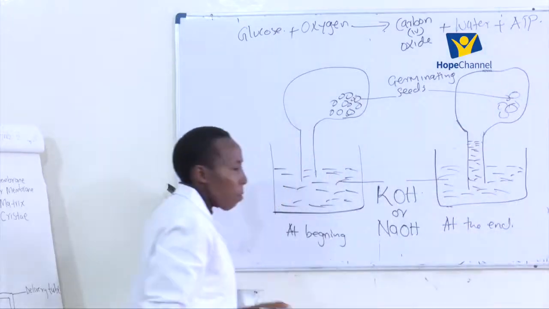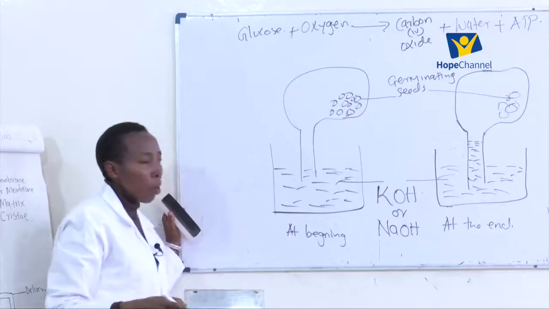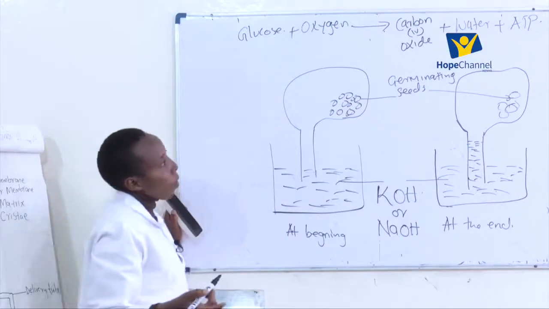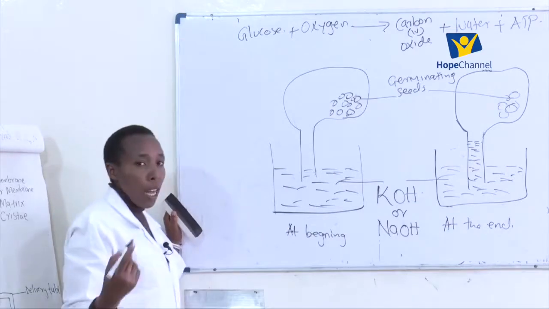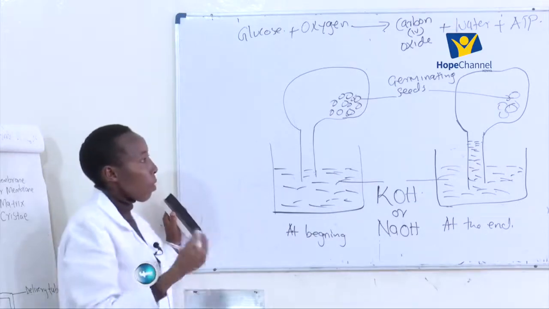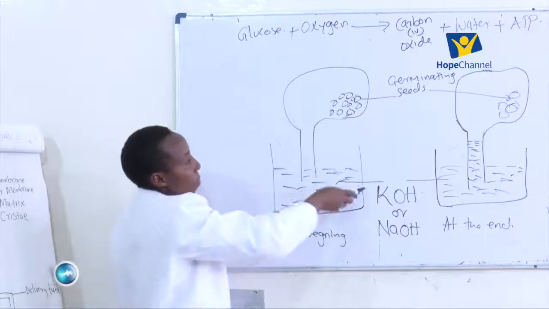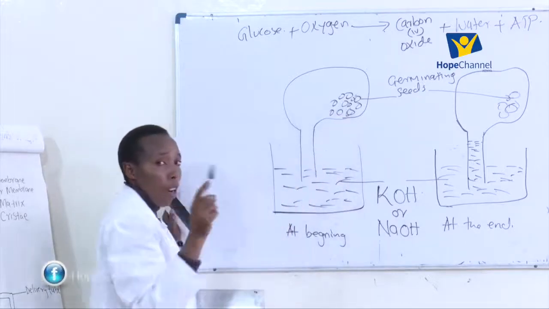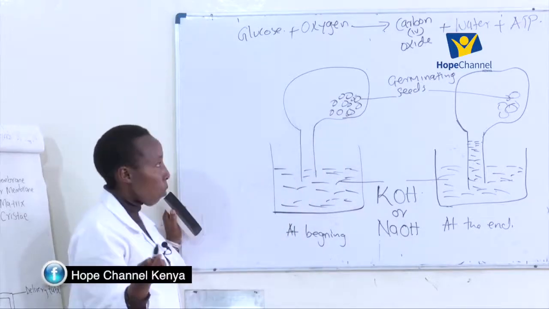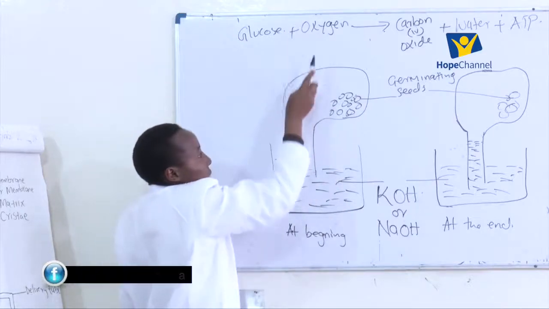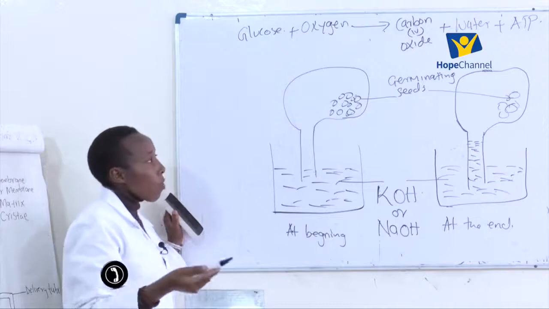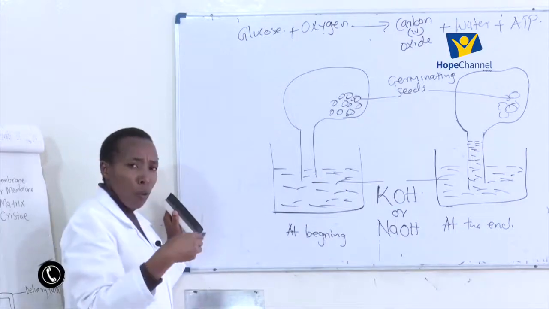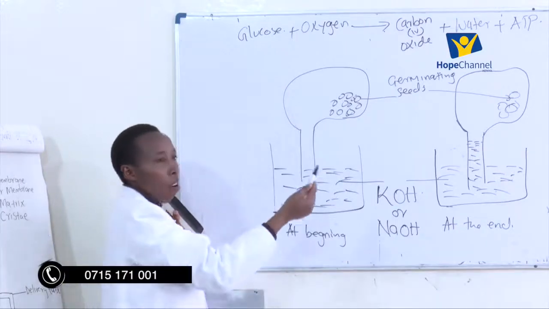What do you think is the aim of this experiment? Remember here we are not testing temperature. We are not testing the amount of water. So what happens really in this experiment? You realize that, number one, the seeds are undergoing respiration. So they use the oxygen that is initially in the air. And of course, if they use the oxygen, I want to believe they are releasing carbon dioxide.